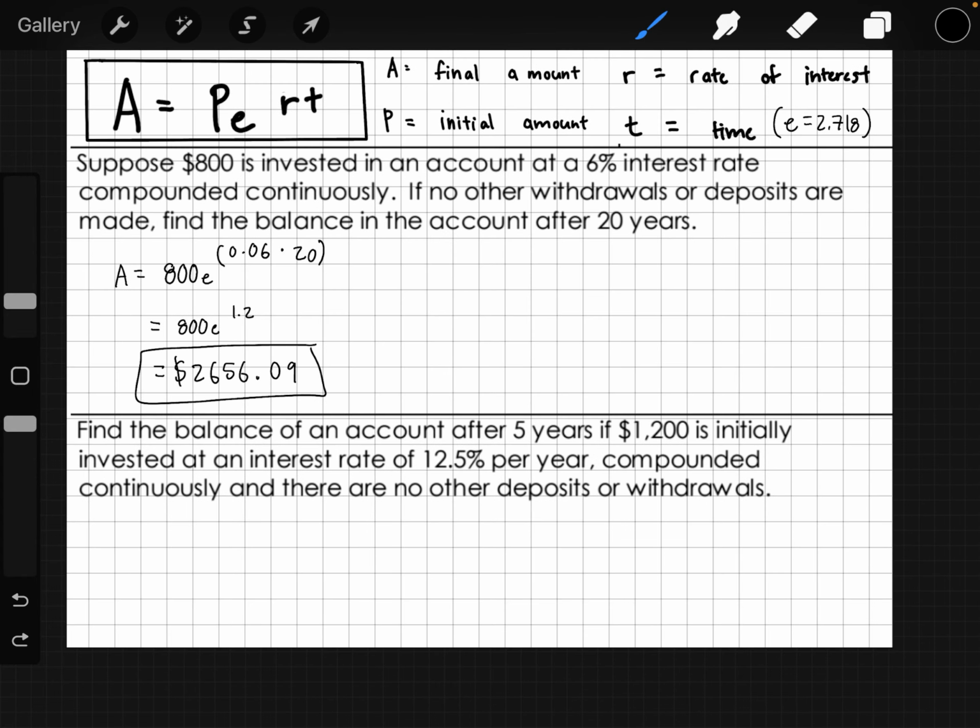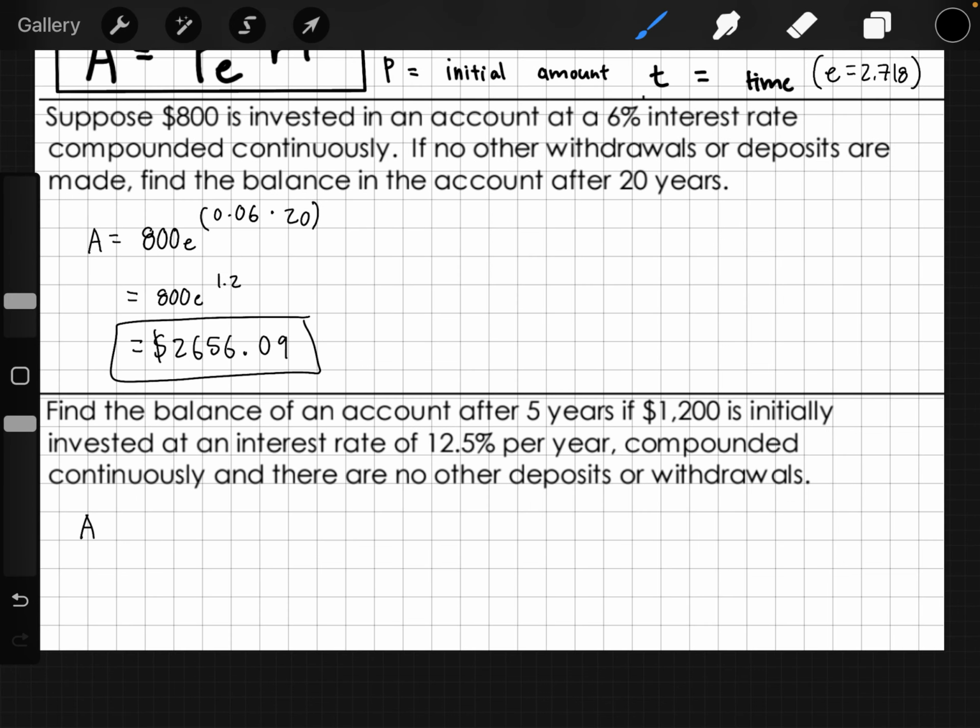Next, we'll find the balance of an account after 5 years if $1,200 is initially invested at an interest rate of 12.5% per year, compounded continuously, and there are no other deposits or withdrawals. The final amount is equal to 1,200 times e to the power of 12.5% as a rate, which is 0.125 multiplied by 5, because they're asking for 5 years.